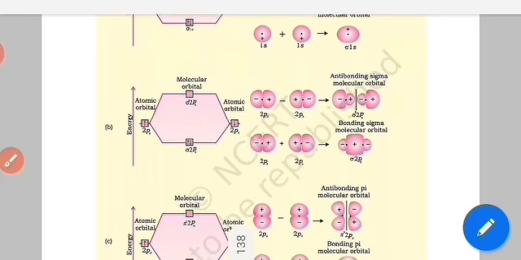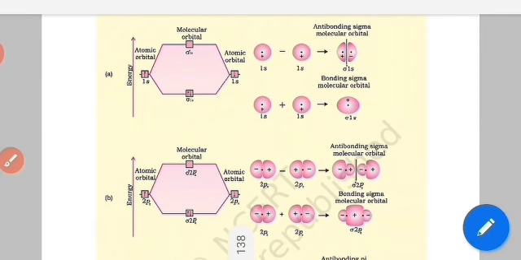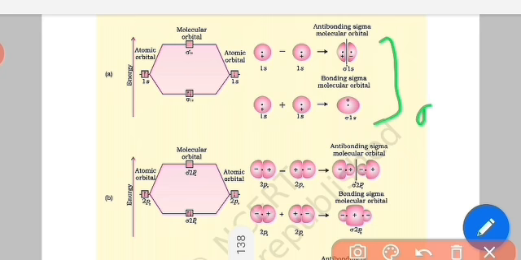Now bonding and anti-bonding molecular orbitals are represented by symbols: sigma is the symbol for bonding molecular orbital and sigma star is the symbol for anti-bonding molecular orbital. Similarly, these are represented by pi and pi star.